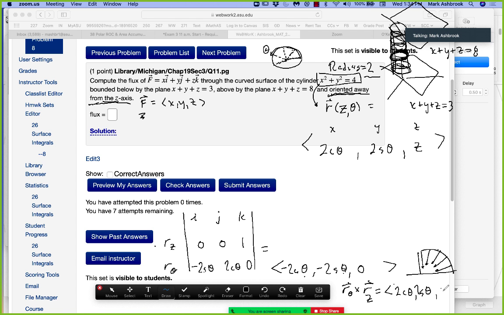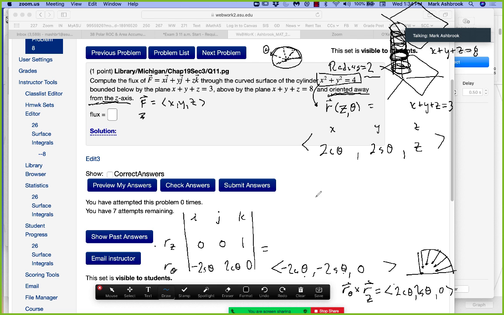Exactly. So that's what R_theta cross R_z would be, and that agrees with a positive orientation away from the z-axis. Vectors pointing out away from the z-axis, or the origin if you're in R2.